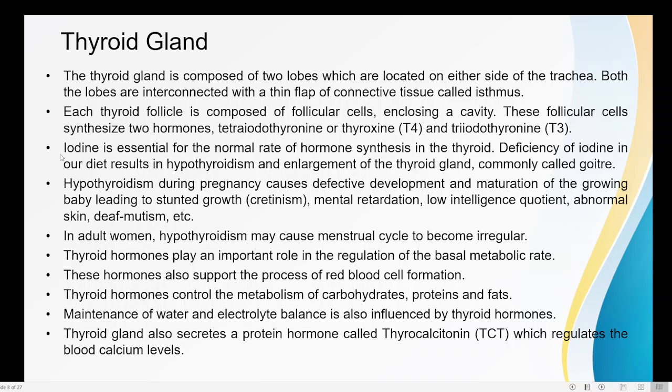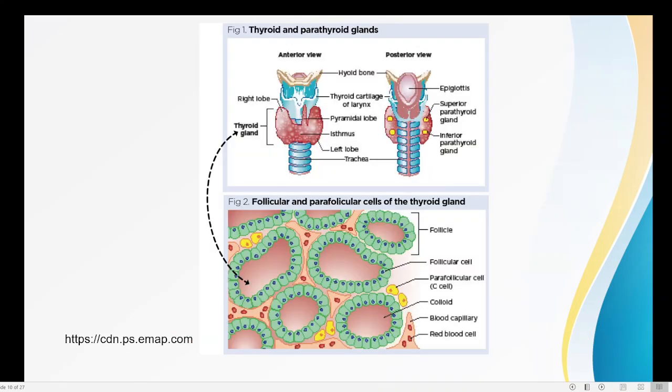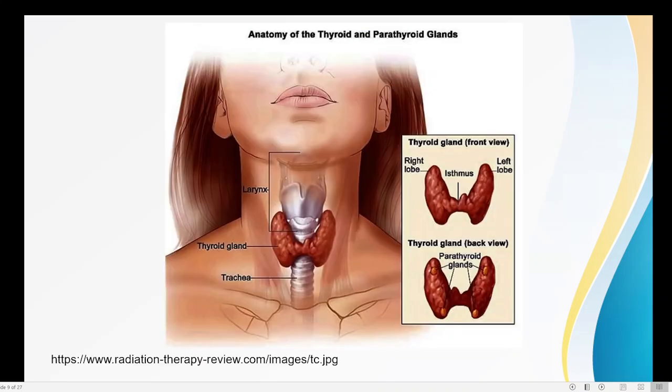Now here you can see that iodine is essential for the normal rate of hormone synthesis in the thyroid. The follicular cells produce two different types of hormone, and for producing these hormones the thyroid gland needs a lot of iodine. If there is no iodine, these follicular cells will multiply in large numbers to compensate for the deficiency of production.